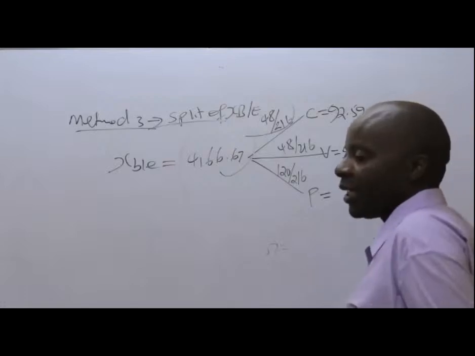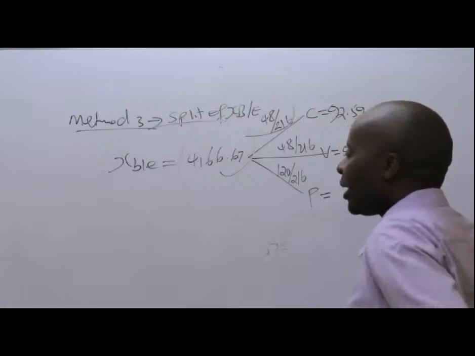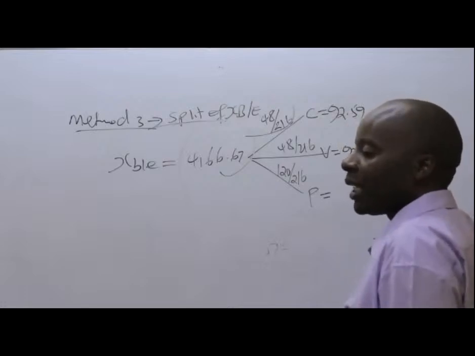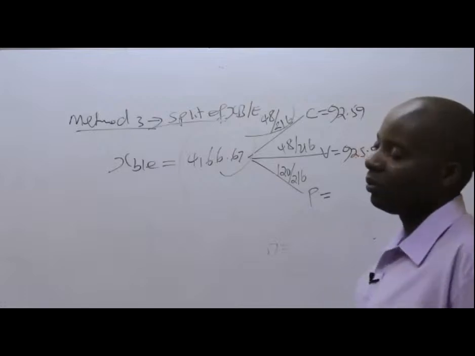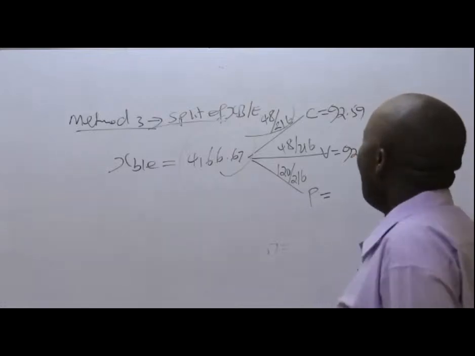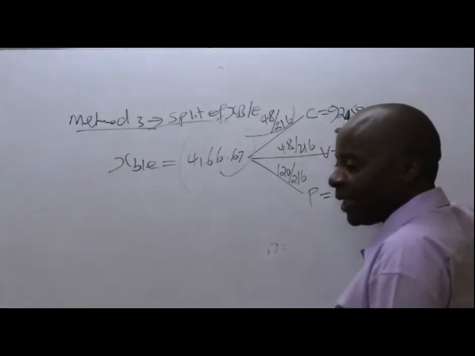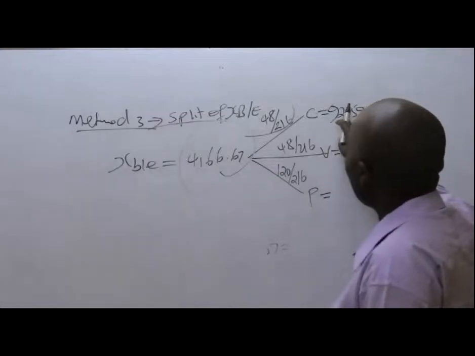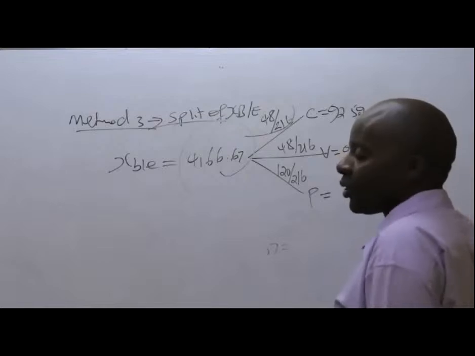That is V. And then not Z, but P. The last one is P. Or you want to mean that C is 925.93. Thank you. So how about V?